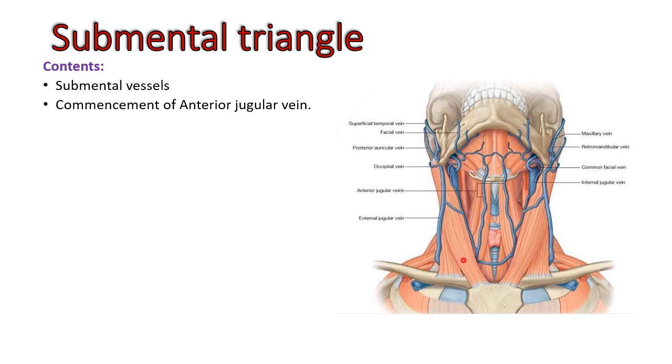The anterior jugular veins are connected on either side by a venous arch, which is called the jugular arch, and that is present inside a space called the suprasternal space of Burns. That is the investing layer of the deep cervical fascia.